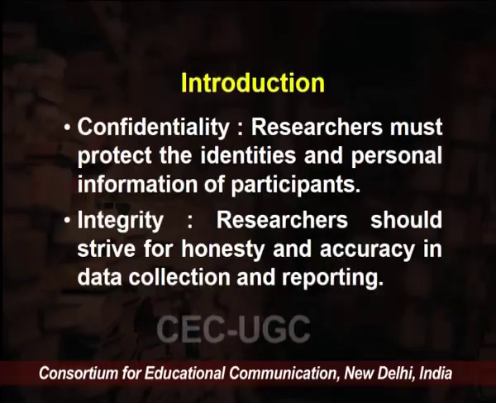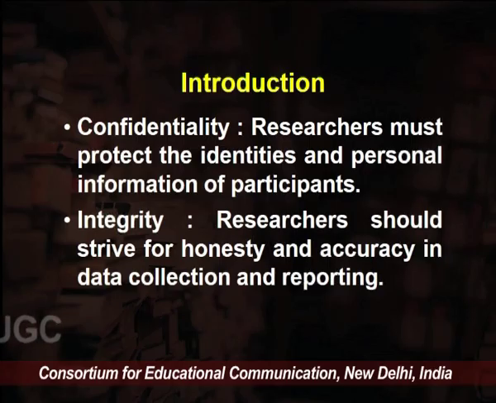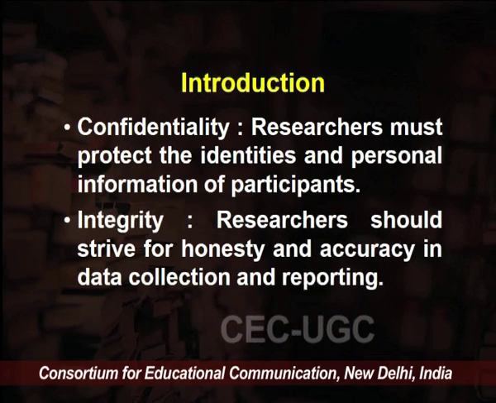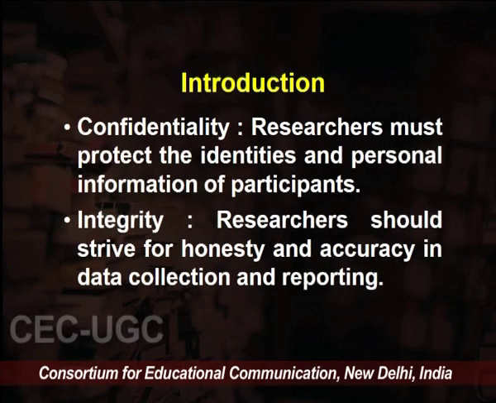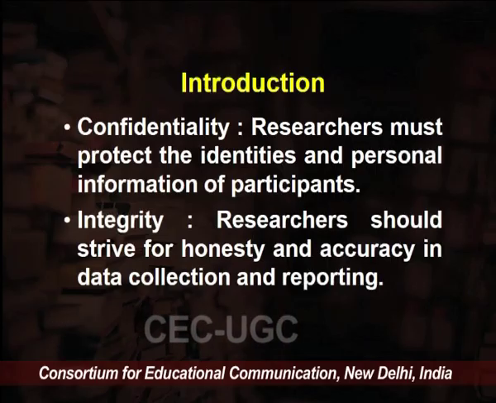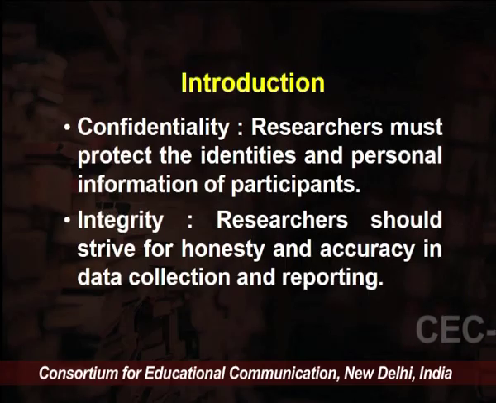Number two is confidentiality. Researchers must protect the identity and personal information of participants. We generally do not use the exact name, address or personal details of the informant, and certain aliases or pseudonyms are assigned. Third is integrity.